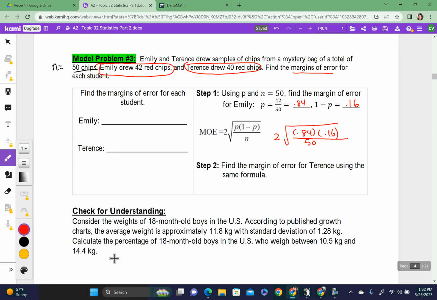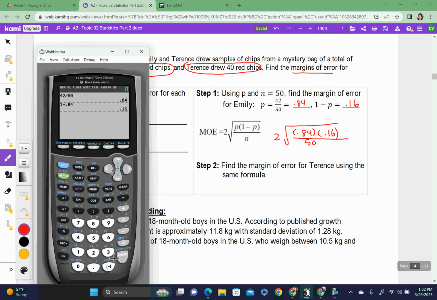Now I plug all of this into the calculator, and that gives me the margin of error for Emily. I know I have to put a 2 here, and then a square root. I have to get this fraction here, so I hit alpha y equals, hit enter. On the top I have 0.84 times 0.16, and on the bottom I have 50.